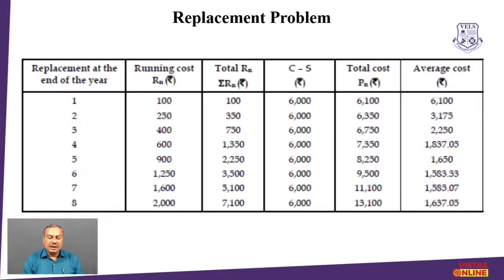And the third column, total running cost or cumulative running cost.